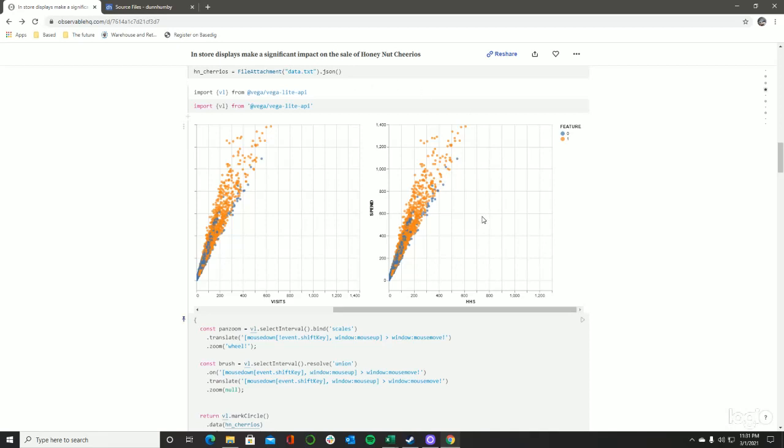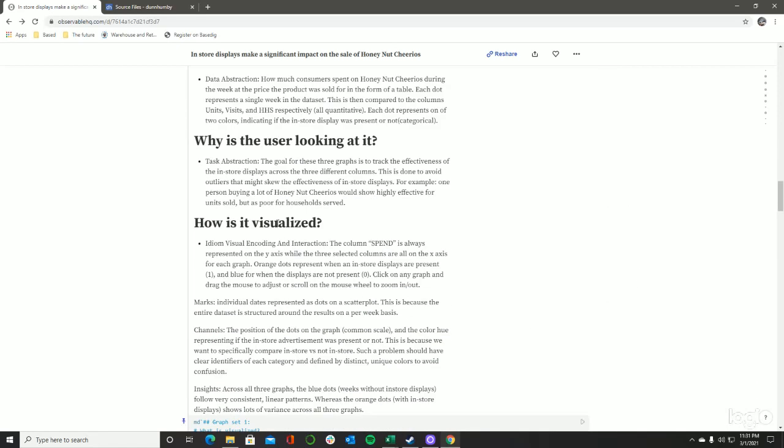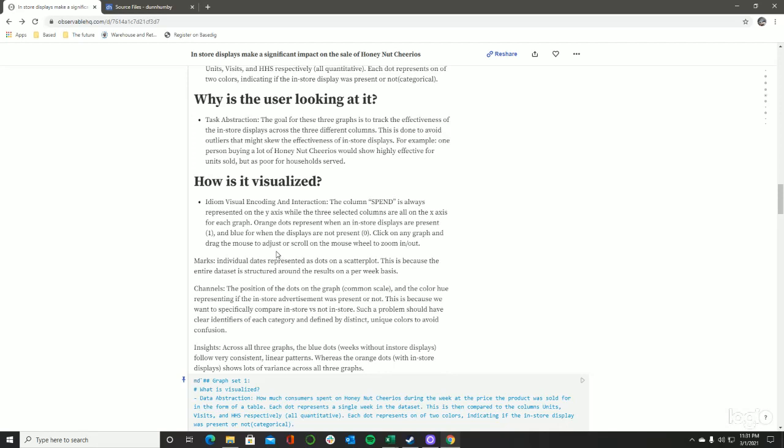The blue represents the weeks where there was no in-store display, and the orange represents the weeks where there was an in-store display. The marks are individual dates represented as dots on a scatter plot, because the entire data set is structured on a per week basis, which makes it easier. So each dot represents an individual week.